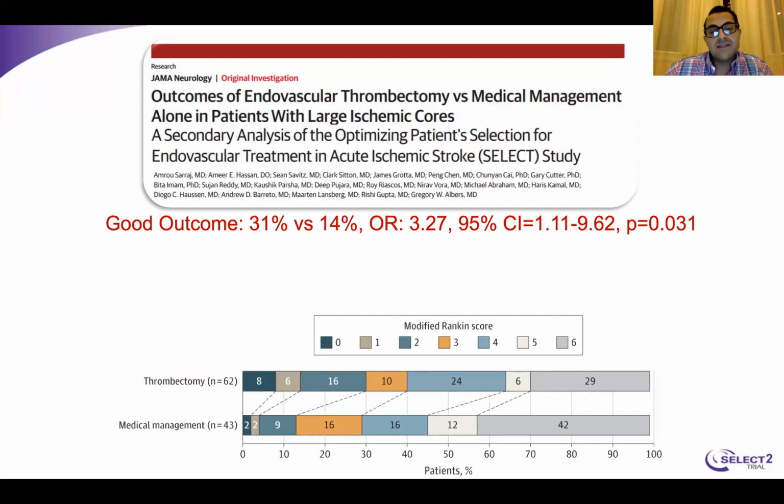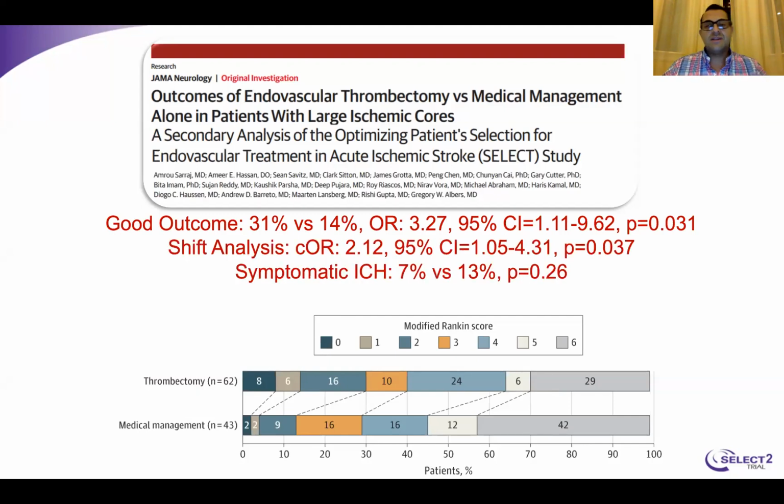So if I can still double the amount of patients who have good outcome from 14% to 31% with an odds ratio of 3.27, p-value of 0.03, why not? So as you can see, significant results with good outcome and shift analysis, whereas for the symptomatic ICH, there was no statistically significant difference, but as you can see, the thrombectomy patients had less hemorrhage.